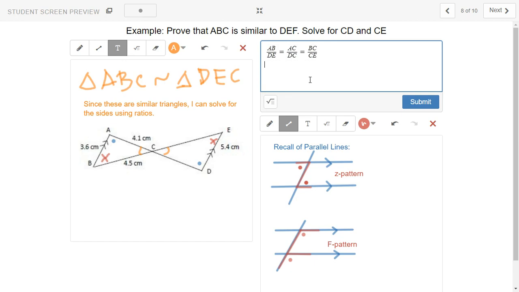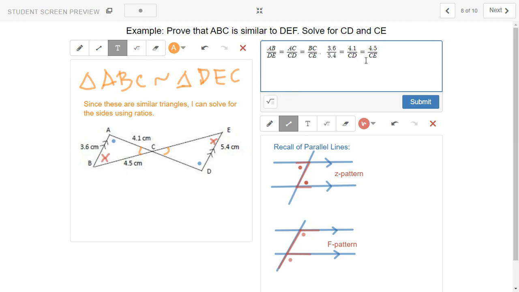Let's put in the values. 3.6 over 5.4 is equal to 4.1 over BC, or CD. Okay, just for simplicity's sake, I will call it CD instead. Same thing. And finally, we have BC, 4.5 over CE.